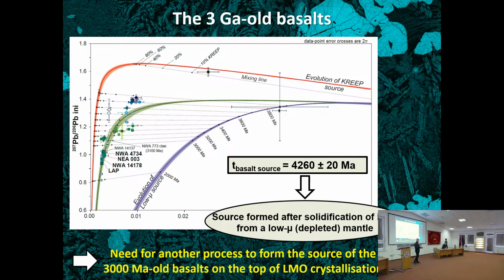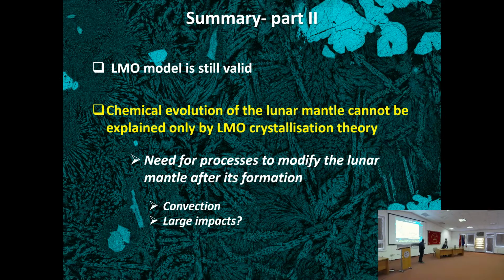So on top of the LMO crystallization process, we need something else. We need another process. And that will lead to the final conclusions of this talk. The LMO model is still valid, but it's not enough to describe the chemical characteristics of some lunar basalts.